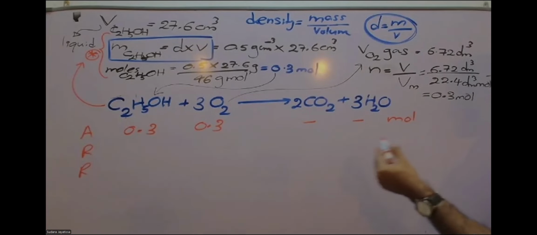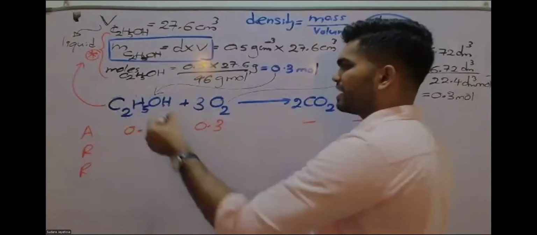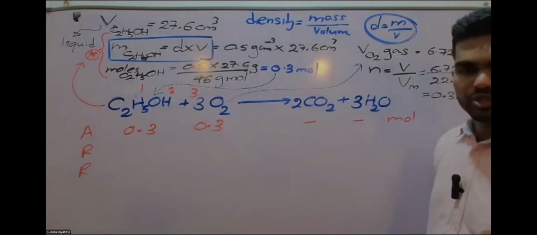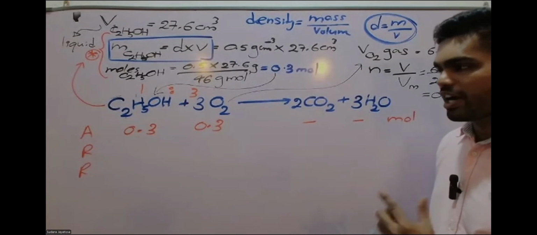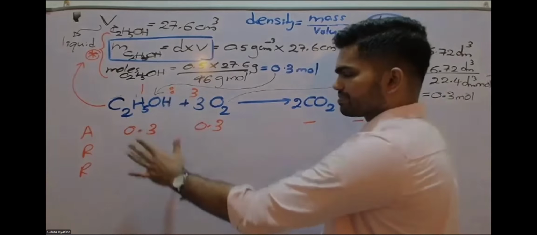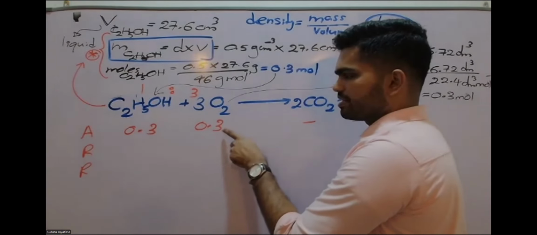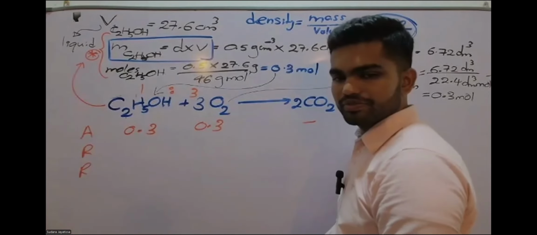Now they are going to react in a 1:3 ratio, which means with 3 moles of oxygen you need 1 mole of ethanol. Now look at the numbers. You have 0.3 moles of oxygen, so you will need 0.1 mole of ethanol. Understood?